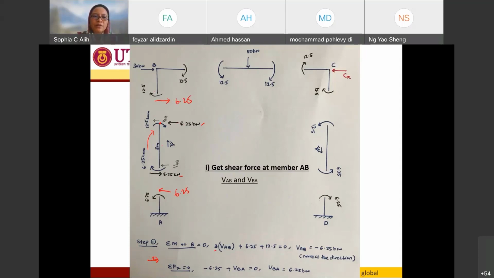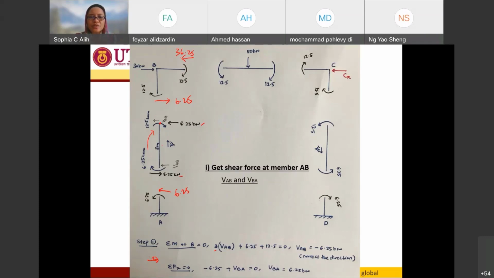Now I have for this end 6.25 this direction, and this direction also 30 kilonewton. So I can balance towards this direction 36.25, to balance this point over here.